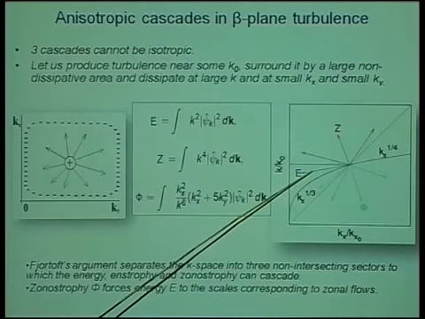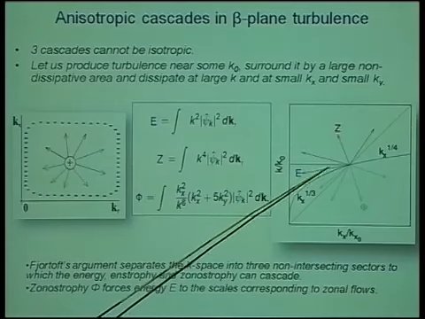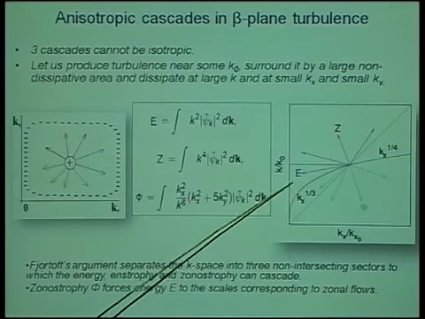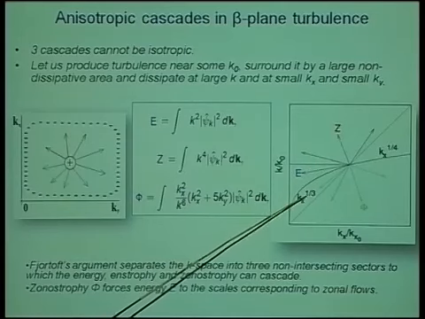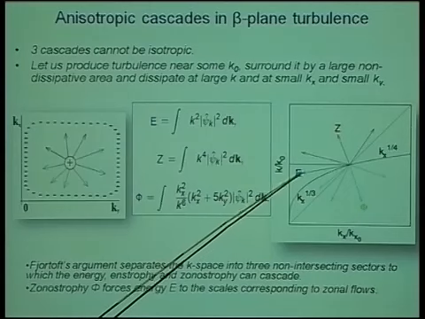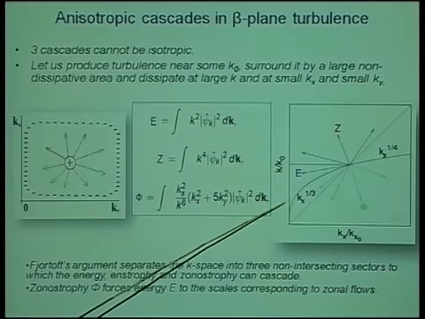Energy not only cascades to smaller k's, but is also bound by this very steep curve, asymptotically the cubic root of kx. So as it goes to smaller k, it must really funnel itself into very, very zonal situations.